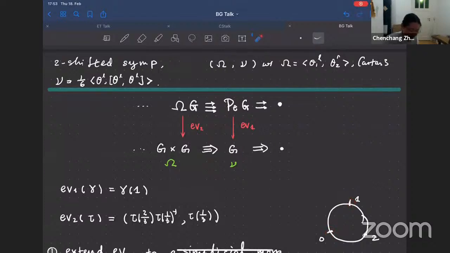So I guess this point is red, and this point is green.